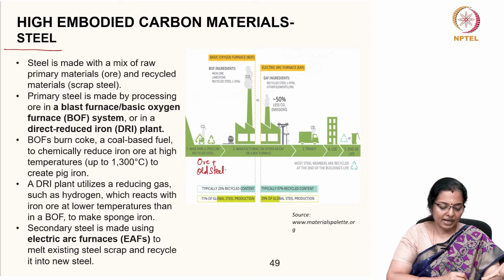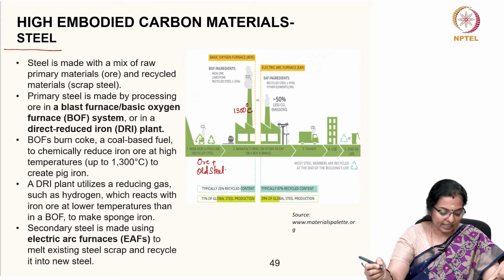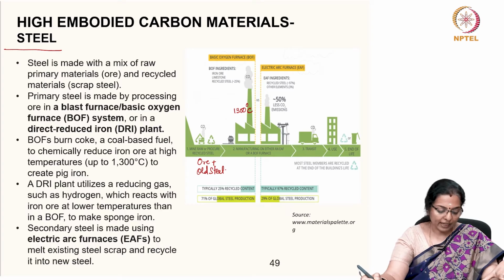Primary steel is made by processing ore in a blast furnace or basic oxygen furnace system, or in a direct reduced iron plant. The basic oxygen furnace burns coke, which is a coal based fuel, up to 1300 degrees centigrade. So, what was 2000 degrees centigrade in concrete now is 1300 degrees centigrade to get pig iron.